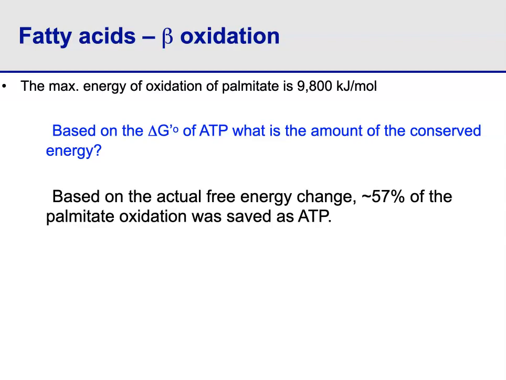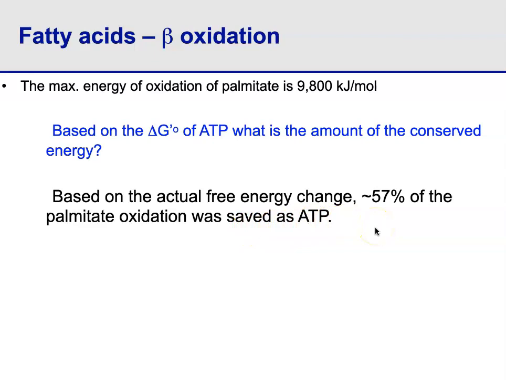Okay, similarly to glycolysis, the maximum energy of oxidation of palmitate is 9,800 kilojoules per mole. If we use the standard versus the actual energy change for the complete degradation of palmitate and the synthesis of ATP, you will realize that based on the actual free energy change, about 57% of the palmitate oxidation was saved as ATP.